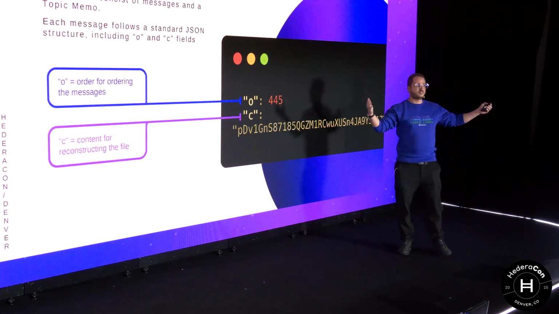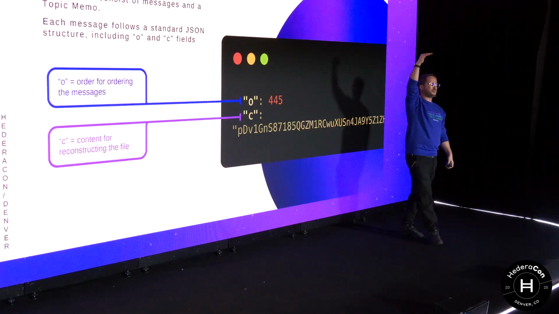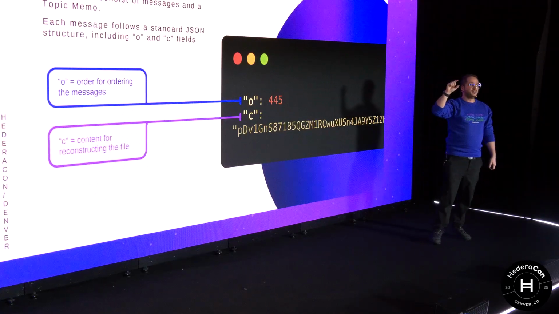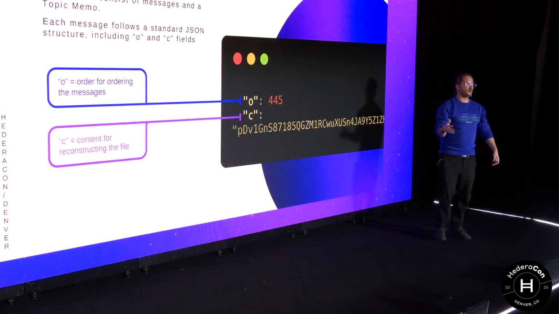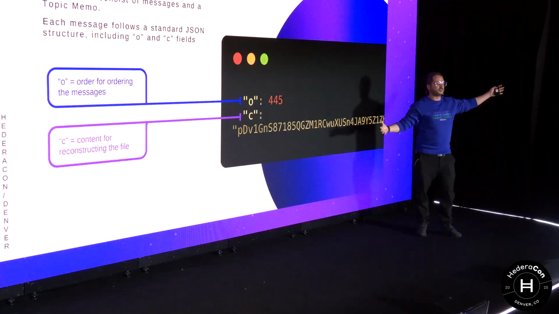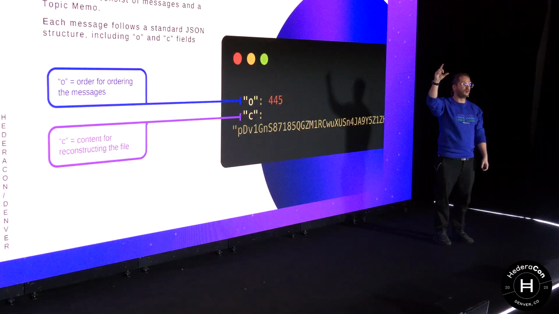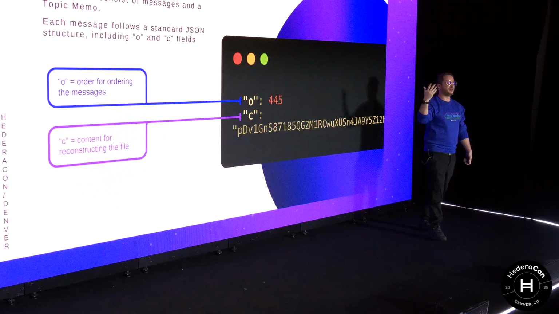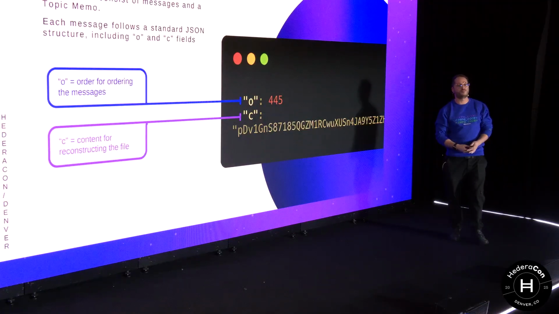So I've got this 100 kilobyte file. I break it up into 100 pieces, and I compress it. Each C represents a chunk of that file. So at the end of it, what we're doing is we're basically combining all of those O's and C's, and we're sorting it by the O, and we're decompressing it, and boom, we've got an HCS1 file that loads in your wallet, it's tradable on Centex, and it's available in explorers.